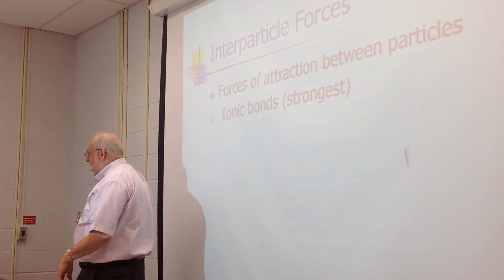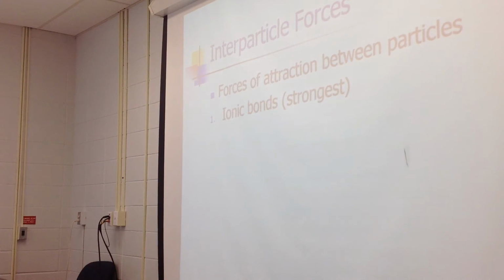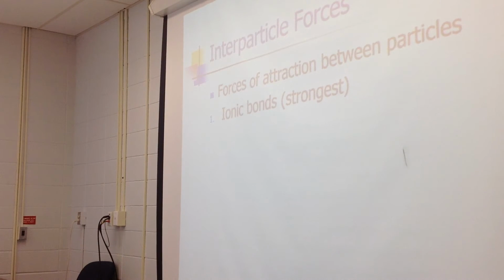Now we know what ionic bonds are. Good heavens. What is an ionic bond? How would you define it? Ionic bond, what is it? Yes, it's a bond between a cation and anion, or another way to say it, force of attraction between cation and anion.